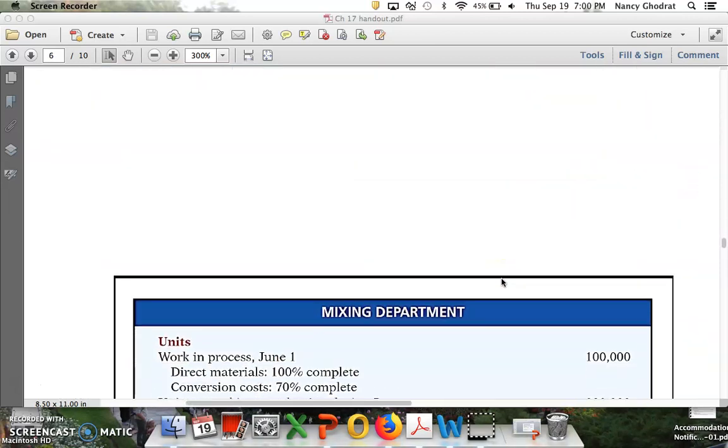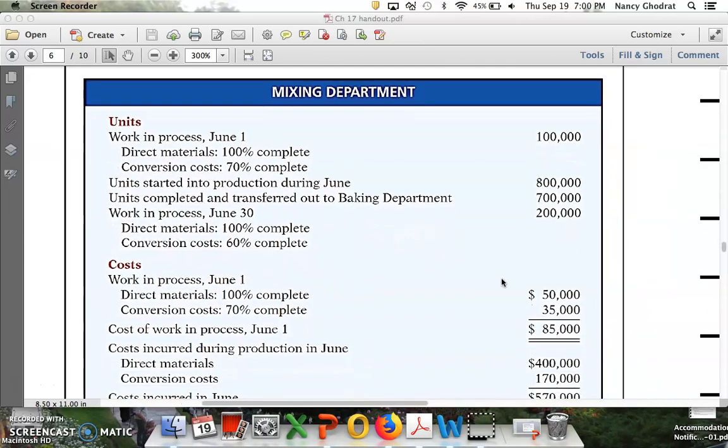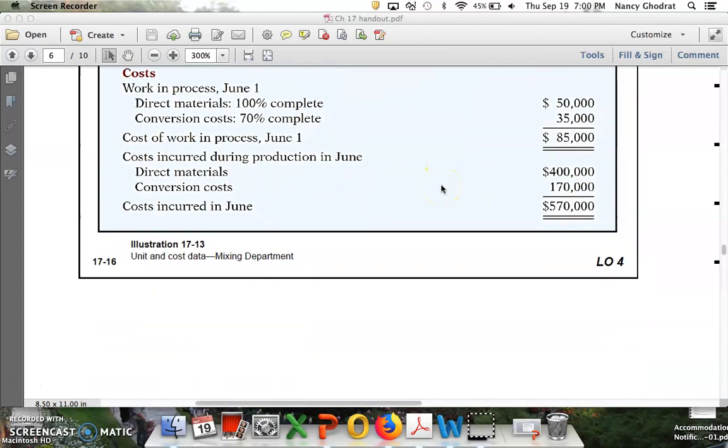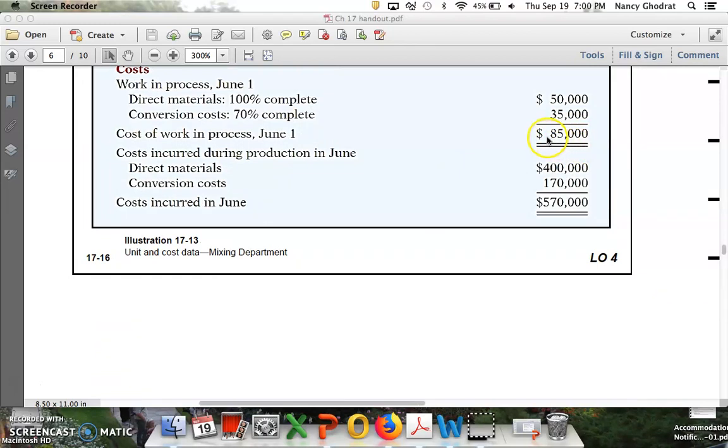Now, the data about the cost is given to us in this slide. The units we already went over. The cost, the work in process, we spent in total $85,000 on those last month.